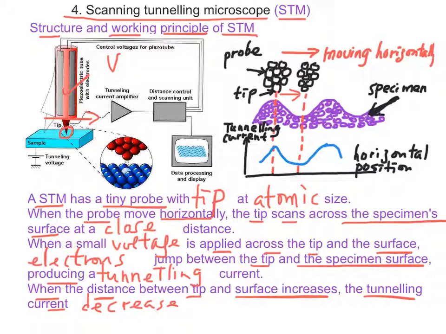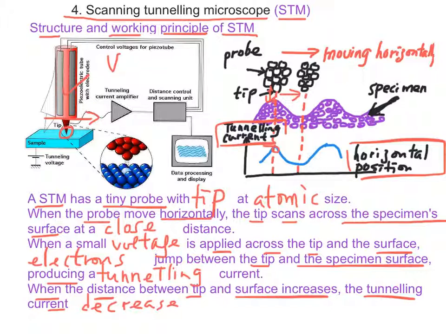The graph of tunneling current against horizontal positions shows that if the distance between the tip and the surface is small, the tunneling current will be large.